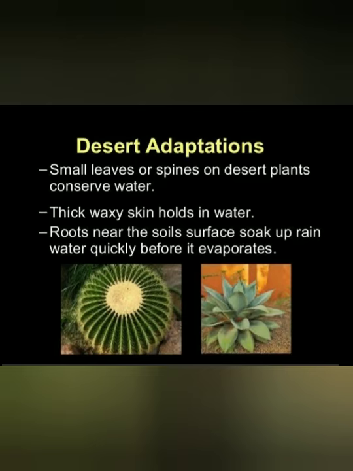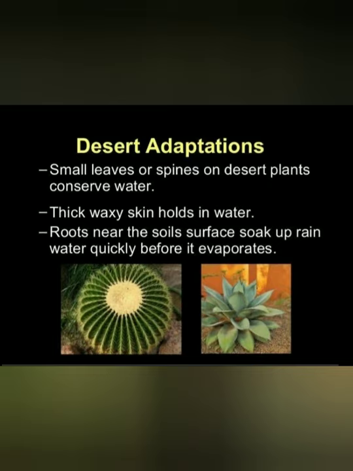Okay. Now let us see the adaptations in desert plants. In the desert there is less water available for the plants, so they adapt in such a way that they conserve water.